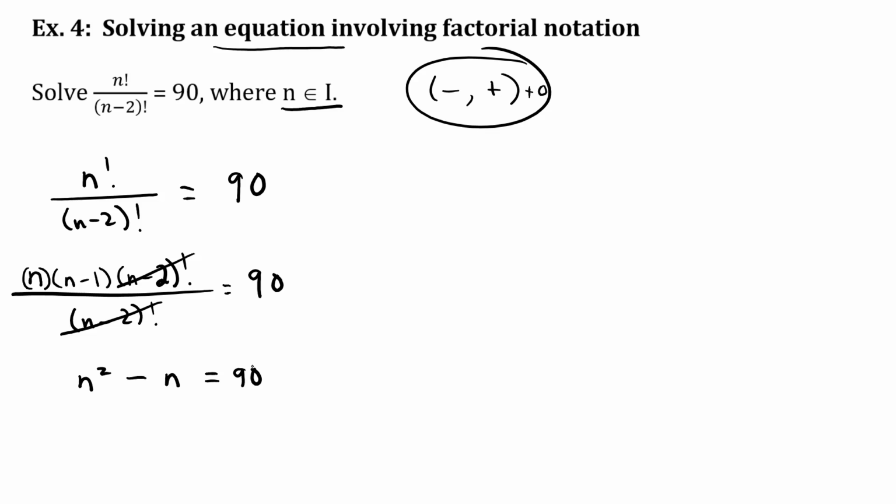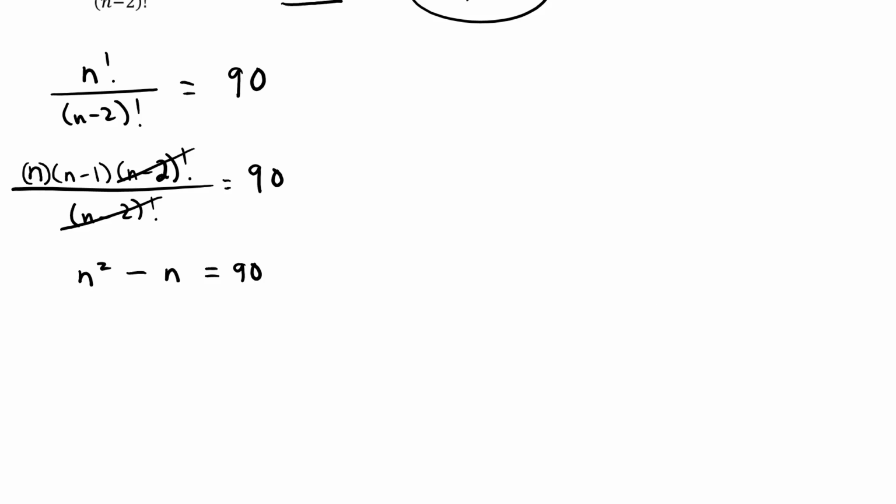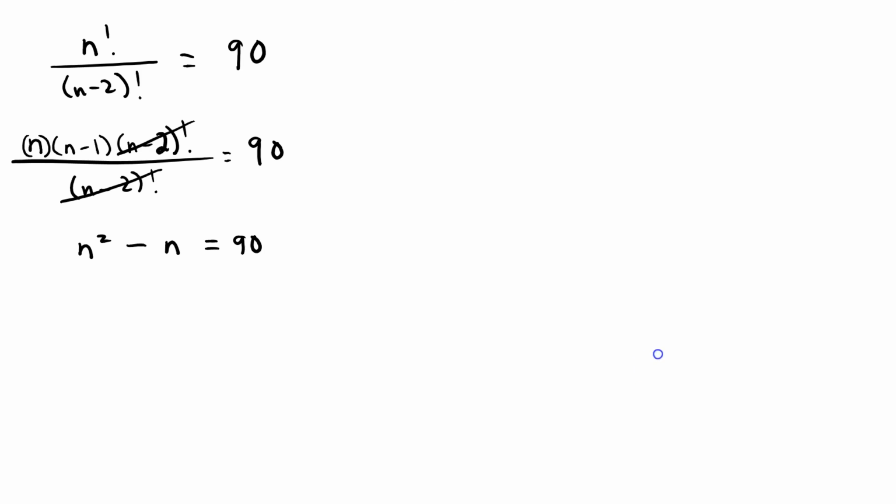Okay, so you're going to have to dust off some of that grade 11 pre-cal when it comes to factoring. Not much, okay, not much. Just a little bit. You want to set one side equal to 0 here, so we're going to subtract 90 from both sides. n squared minus n minus 90 equals 0. So we have to think of two numbers that multiply out to negative 90 and add up to negative 1.